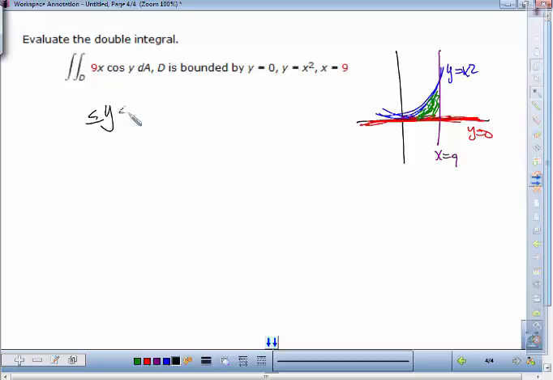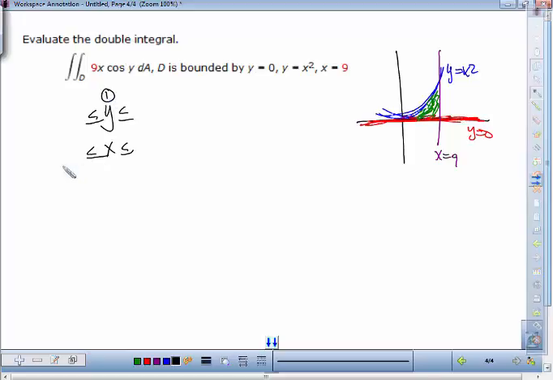So here's what I want you to do now for doing these types of problems. You need to look at the region and decide for yourself what would be more appropriate, integrating with respect to x or y. Once you've established that in your head, then write down the inequalities, and whatever you're going to integrate with respect to first, you'll put that up on top and convince yourself that that's going to be the inner integral.